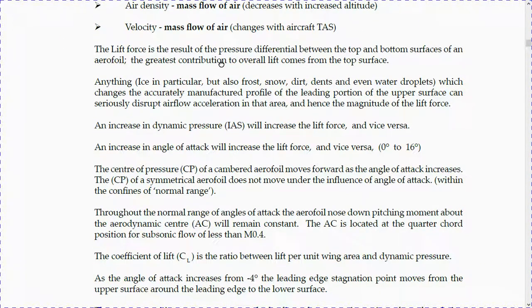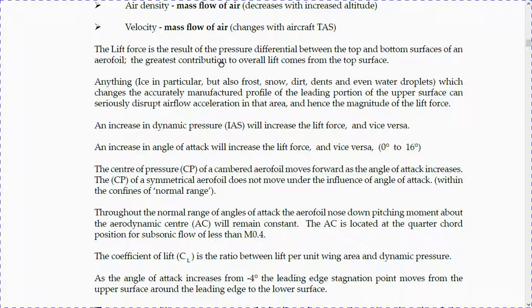The lift force is the result of the pressure differential between the top and bottom surface of an airfoil. The greatest contribution to overall lift comes from the top surface.